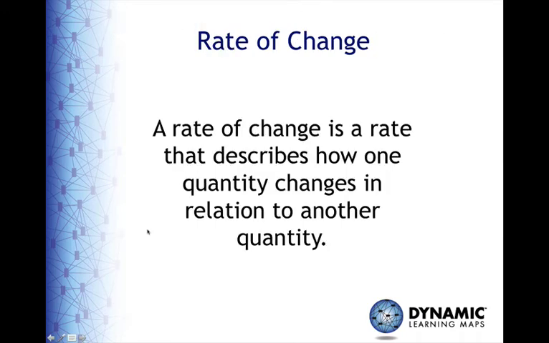So clearly, figuring out the change within and across a function table is important. The same change within and across numbers can be found between the x and y axis on a graph. We call this the rate of change, or the rate that describes how one quantity changes in relation to another quantity.